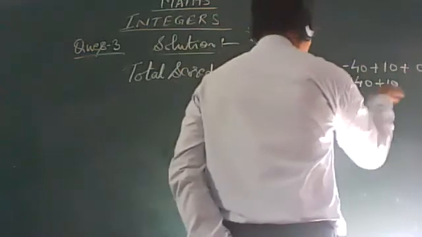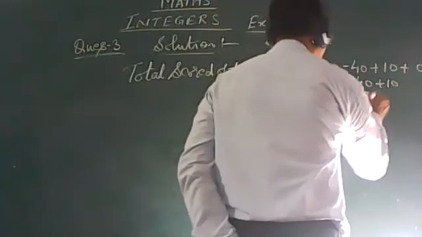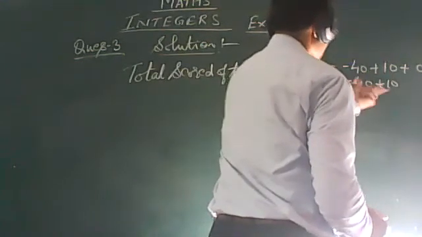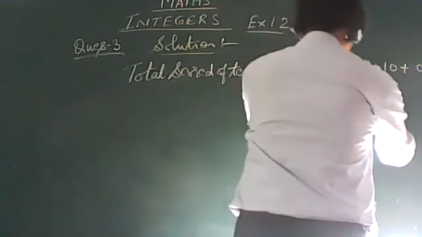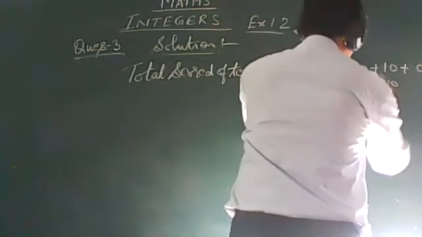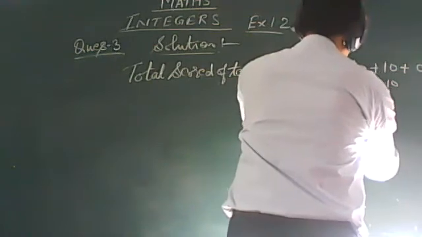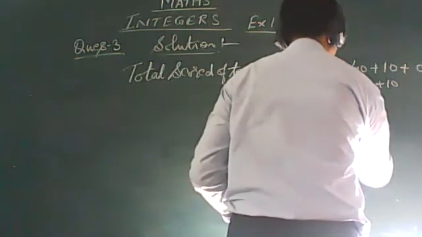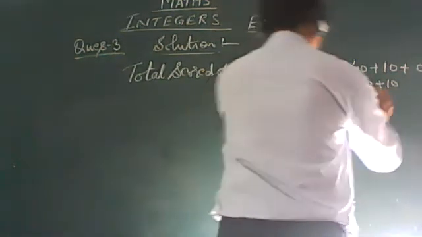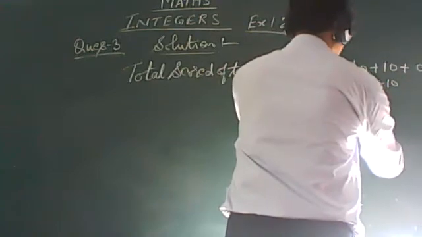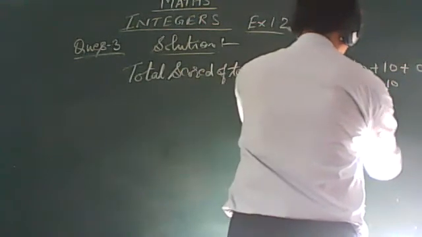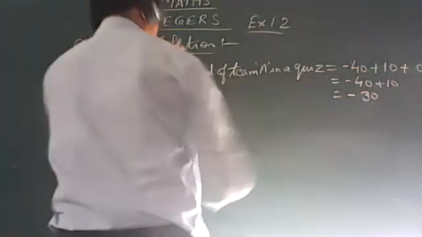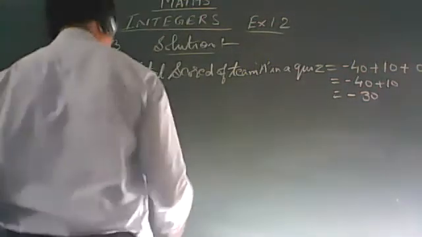Here the answer comes minus 30, because the numbers have opposite signs, so we subtract, and the bigger number is 40, whose sign is negative, so the answer is negative. 40 minus 10 is 30, so we write minus 30.